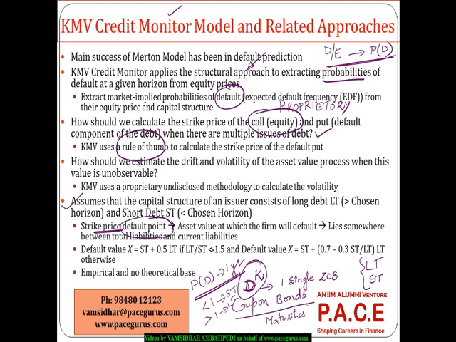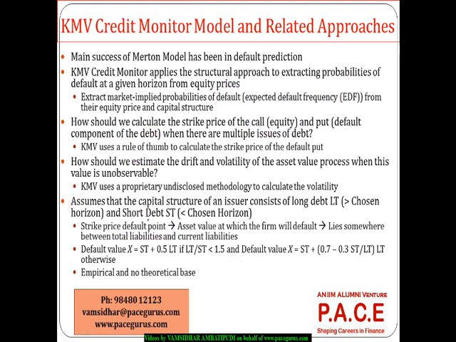And based on that, they are coming out with the computation of the strike price at the default point, the value of the asset where the firm is going to default. They came out with an empirical result saying that the default value is nothing but the short-term debt plus 50% of long-term debt, if the long-term to short-term ratio is less than 1.5.